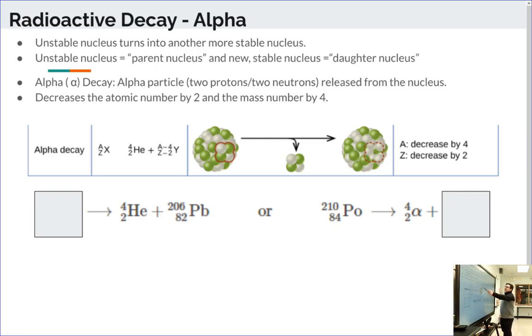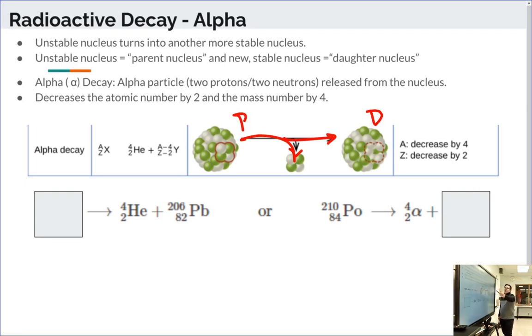This parent nucleus breaks apart and kicks out 2 protons and 2 neutrons, and now becomes a more stable nucleus. So the parent kicks off whatever else is making it unstable, and then the daughter nucleus is made, and you have a helium or an alpha particle getting kicked out.